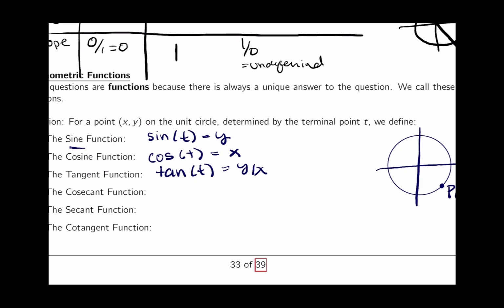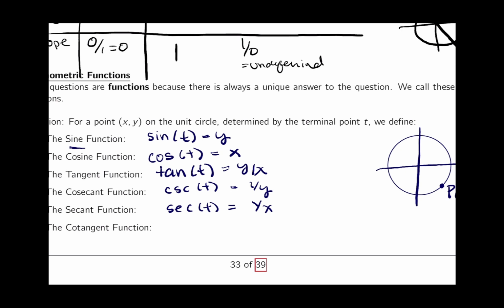We have three more: the cosecant, the secant, and the cotangent, and those are about flipping x and y into denominators instead. So the cosecant is abbreviated CSC of t, and that's going to be 1 over the y value. The secant function is abbreviated SEC, and that's going to be 1 over the x value.